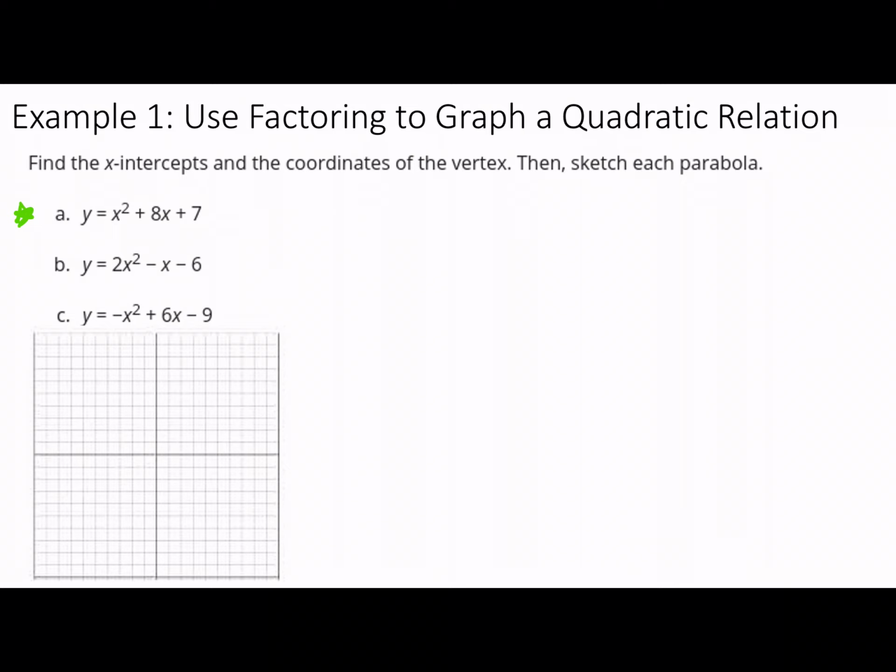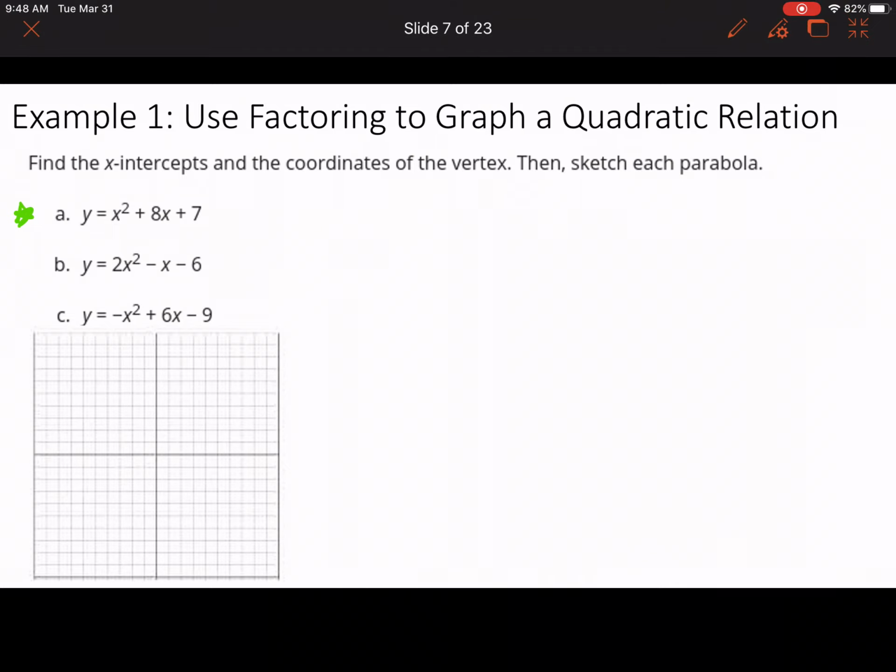So we need to go through the steps we already know from previous chapters to be able to do that. So I want everybody to look at page 263 to make a copy of that chart, to look at the different ways that we can factor our quadratic relations and figure out which one is which.